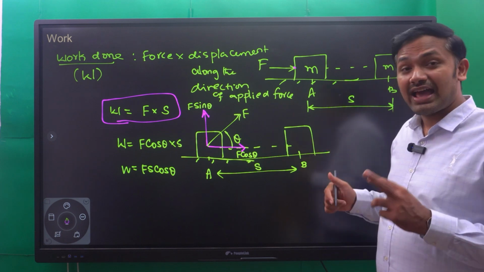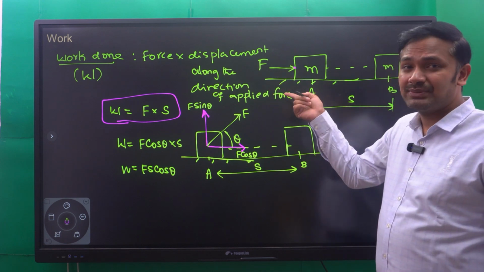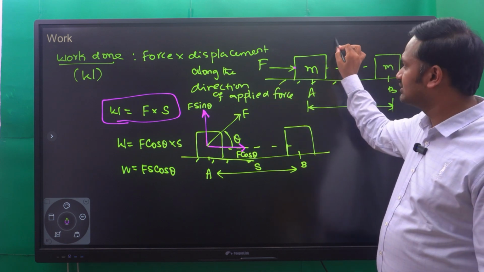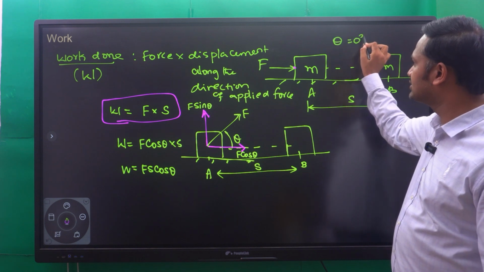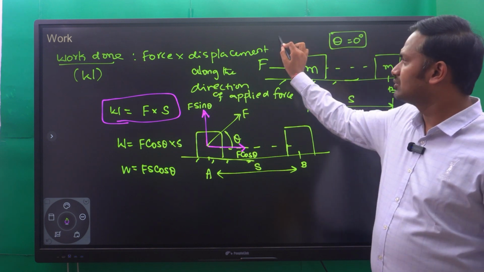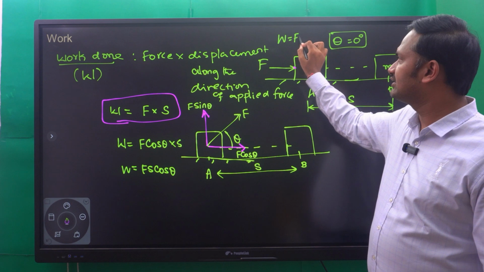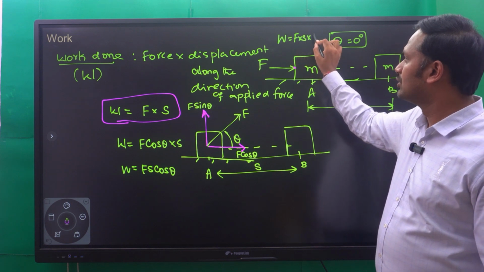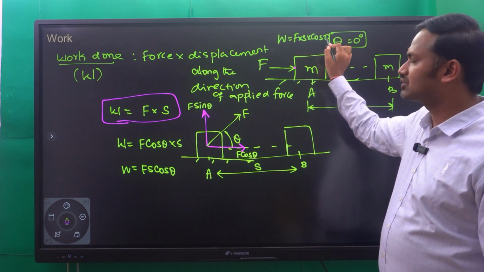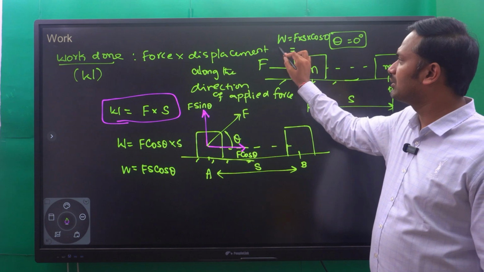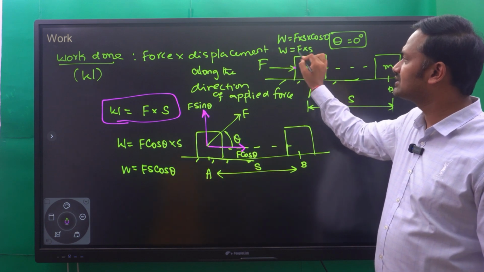The angle between force and displacement is 0 degrees, so theta is 0. Work done is F into S into cos 0 degrees. Cos 0 is 1, so work done W is equal to F into S.